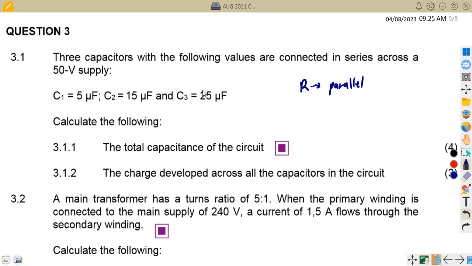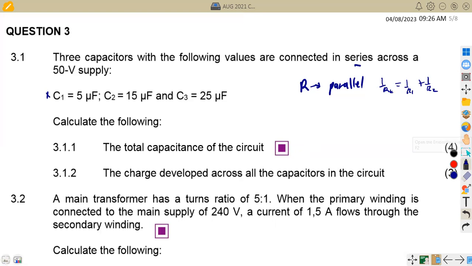The question is to calculate the total capacitance. Remember, for the total resistance in parallel, it's 1 over RT equals 1 over R1 plus 1 over R2, and so on. It is the same thing for capacitors that are in series.